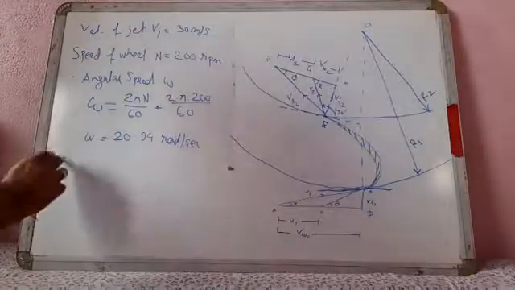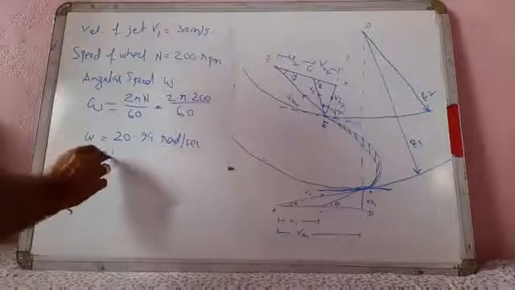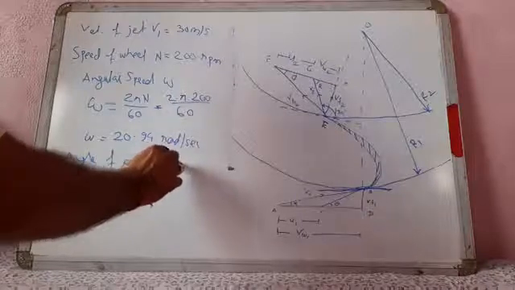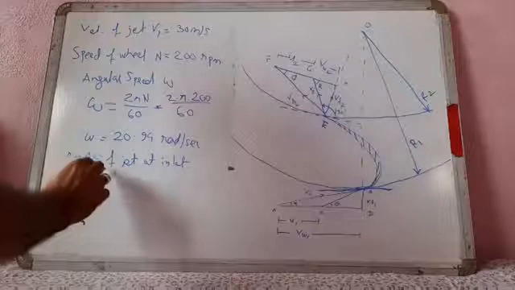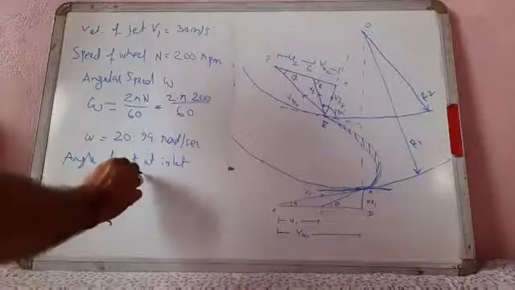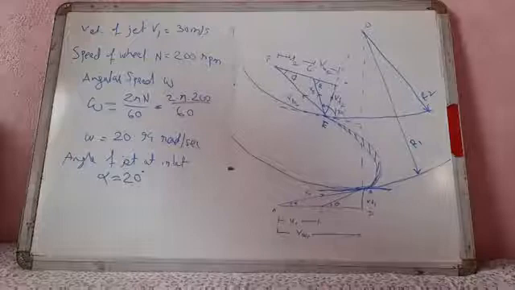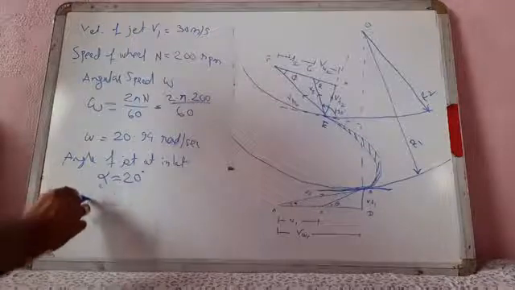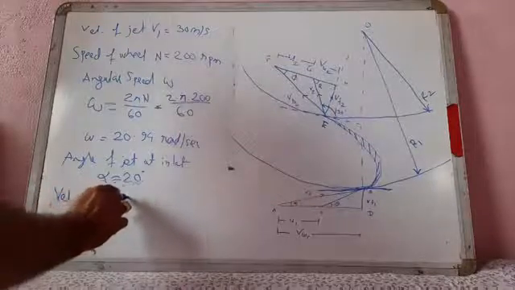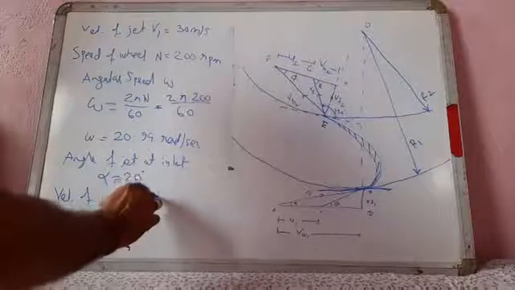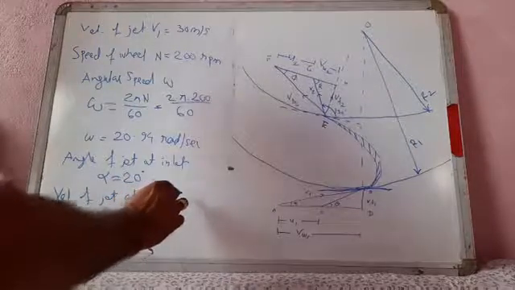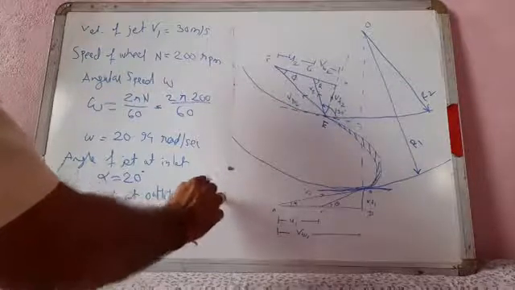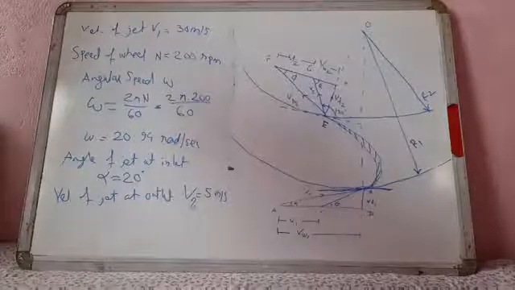Angle of jet at inlet, alpha, is given as 20 degrees, and velocity of jet at outlet is V2 equal to 5 meters per second. It has been given.